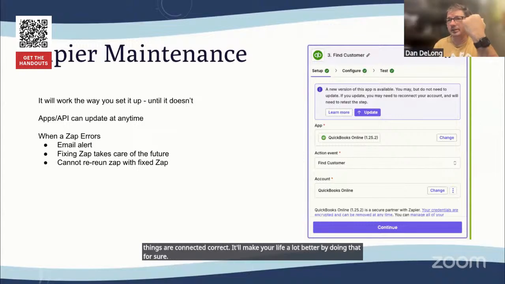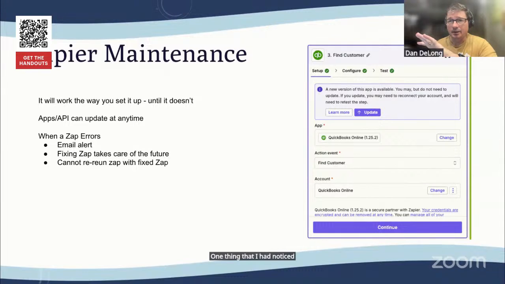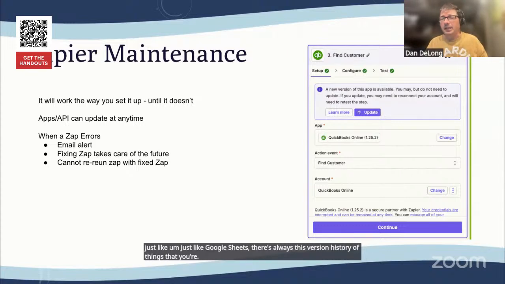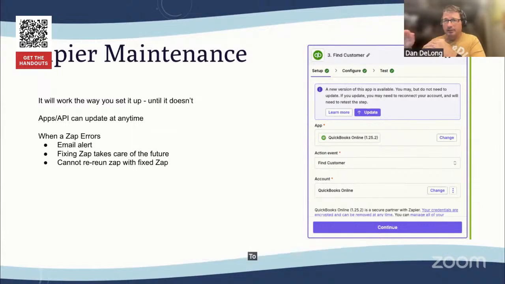One thing that I had noticed is that if you do get an error, and it stops the Zap from running, when you fix it, you can't rerun that Zap on that new iteration, because it records, just like Google Sheets, there's always this version history. Anytime a change is made, it assigns the version that was used to that Zap run in that history.